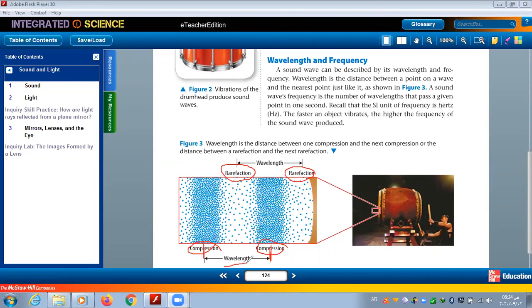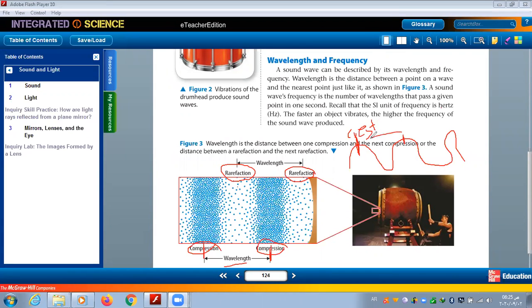So in general, it is the distance between two same points, even compression, rarefaction, as we'll see in transverse waves, like water waves that move up and down like this one. Also, the wavelength is the distance between a crest and the other crest.